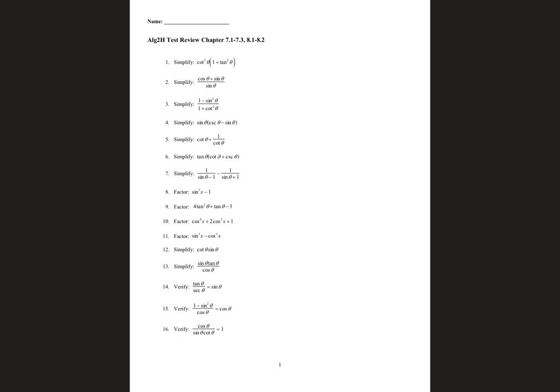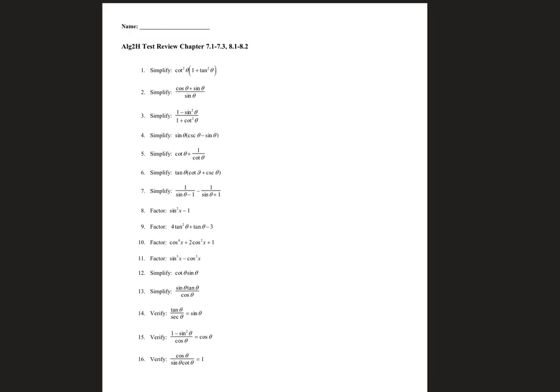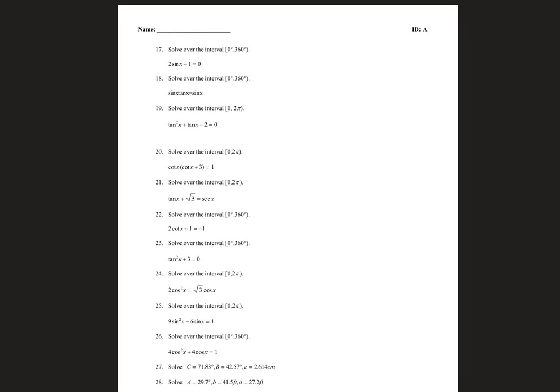All right, this is your review that's on Canvas. This whole first page is all practice verifying for 7.1 and 7.2. And then the solve problems go all the way up to 26.